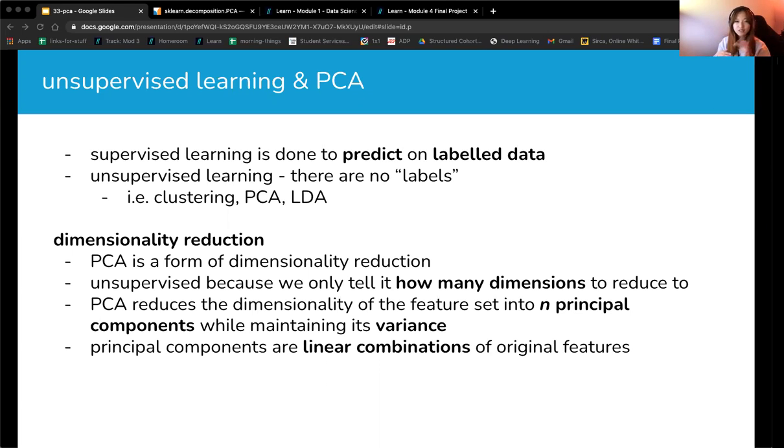So it's a linear combination of all of your original features. If I have 2 principal components, each of them has 100 different parts made up of the 100 old columns. Does anyone need to clarify anything about that?